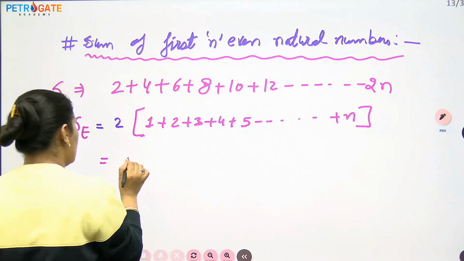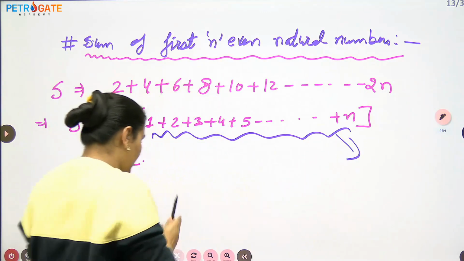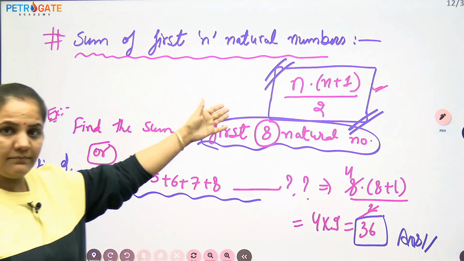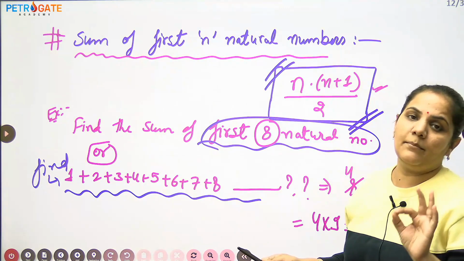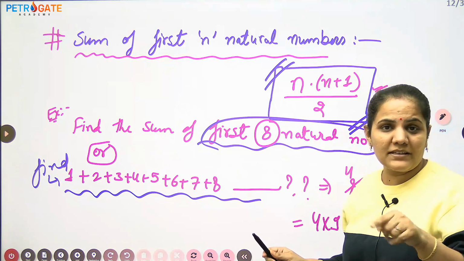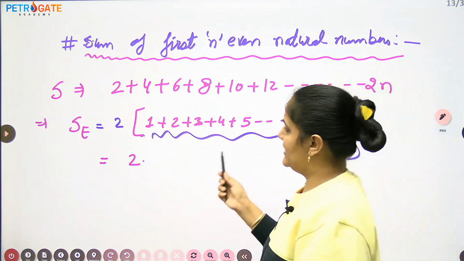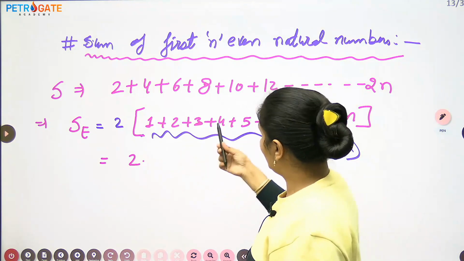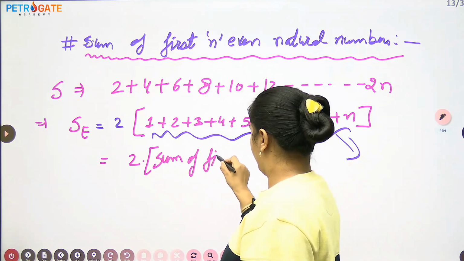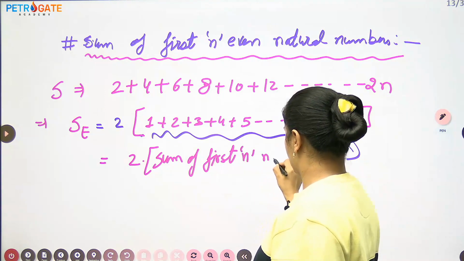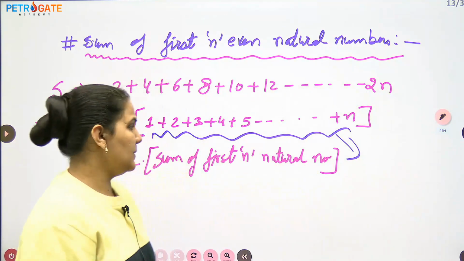You will say, so my dear student, this is nothing but the sum of first n natural numbers. Just in the previous slide we discussed that the sum of first n natural numbers is nothing but n into n plus 1 by 2, right? Exactly. So we take 2 common, and it will be 1 plus 2 plus 3 plus 4 plus 5. This is nothing but the sum of first n natural numbers, and we know the formula, that is n into n plus 1 by 2.